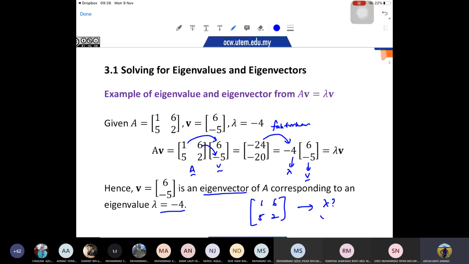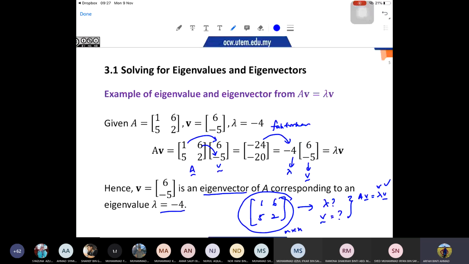So daripada sini awak nak dapatkan nilai lambda dan V menggunakan equation AV akan sama dengan lambda V. So kita nak dapatkan apakah eigenvalue dan apakah dia punya eigenvector. Yang awak ada cuma matrix A ni je, yang mana matrix A mestilah n kali n, satu square matrix. So kalau ada satu square matrix, apakah dia punya eigen satu-satu yang wujud di sebalik matrix tu? Okay, eigenvalue and eigenvector.